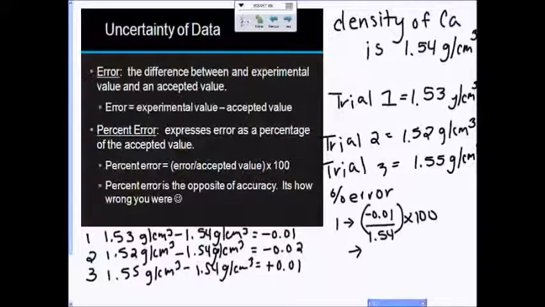So initially, when you do 0.01 divided by 1.54, I don't know if you hear my calculator going, I'm having to calculate as we do this, you're going to get 0.0065, and then we have to multiply that by 100. Once we multiply it by 100, that gives us a percentage of 0.6. That means that was our percent error. That's really good, actually. And then you could do this with each trial, but I just wanted to show you one. And now let's look at one last slide.